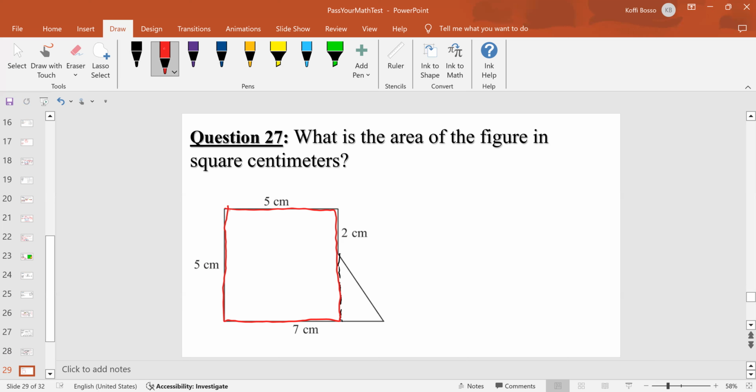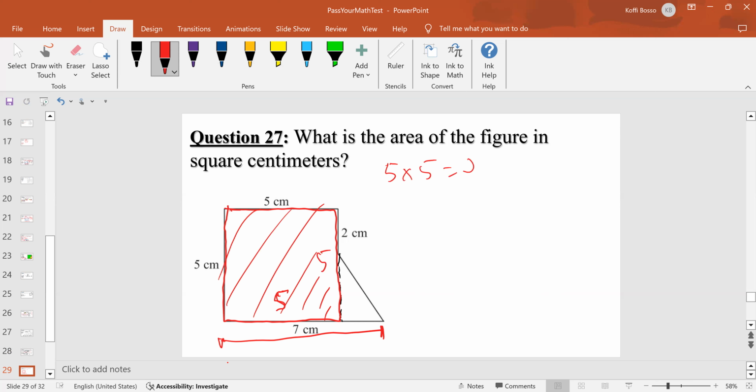After I break it down, I have a 5, 5. This side also is 5, and this is 5. The 7 is this length. Because the top is 5, if I make a square, I'm going to have a 5 here. So we need to find this area first, which is 5 times 5, and you get 25 square centimeters.